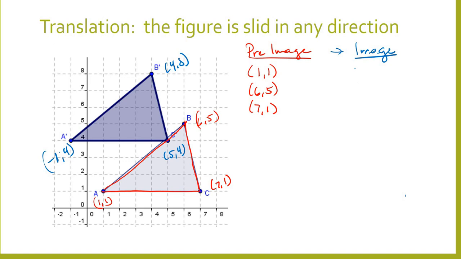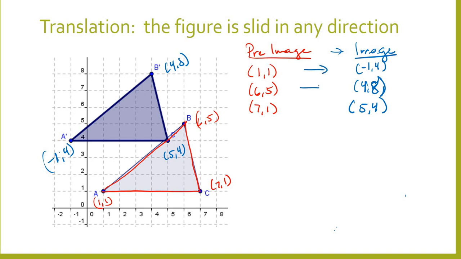So my 1, 1 has moved to negative 1, 4. My 6, 5 has moved to 4, 8. And my 7, 1 has moved to 5, 4.